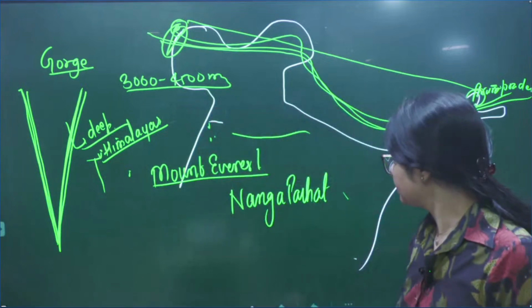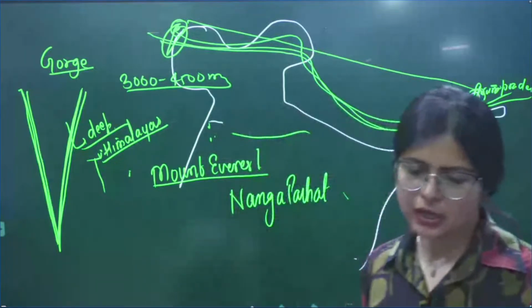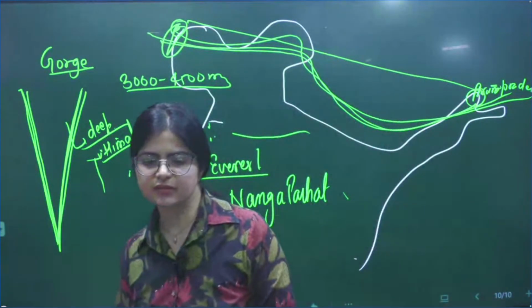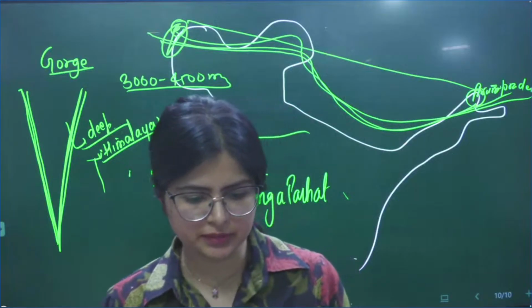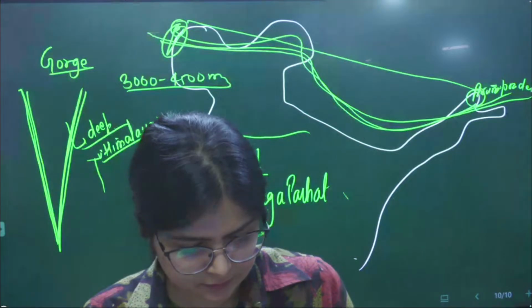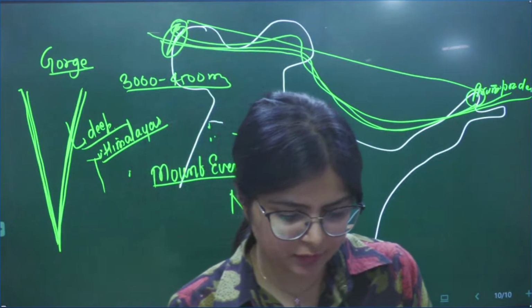Next point. Some peaks in this range are more than 5,000 meter high. Next point.